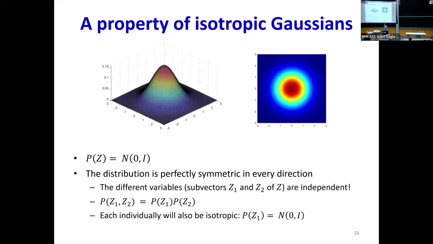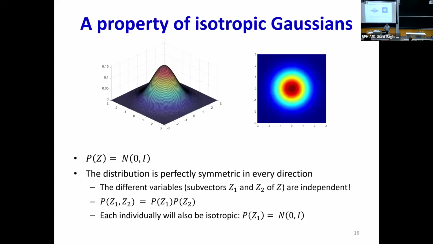So here's the property of isotropic Gaussians. We all know what Gaussians look like, the standard bell-shaped distribution, right? Furthermore, because this Gaussian is isotropic, its covariance is an identity matrix. That means the variance along every dimension is 1, number one.